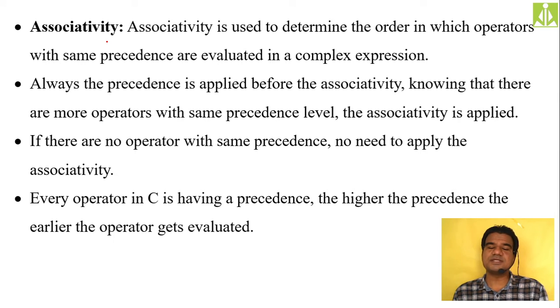If the precedence value is higher, we simply evaluate that operator first, and if it is lower for a particular operator, we evaluate that operator last. So the order in which we evaluate the different operators in our complex expression is based on their precedence value inside the precedence table.